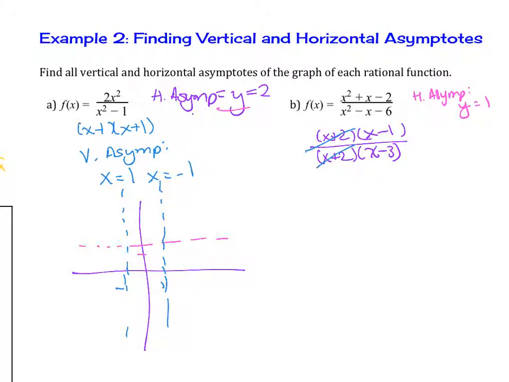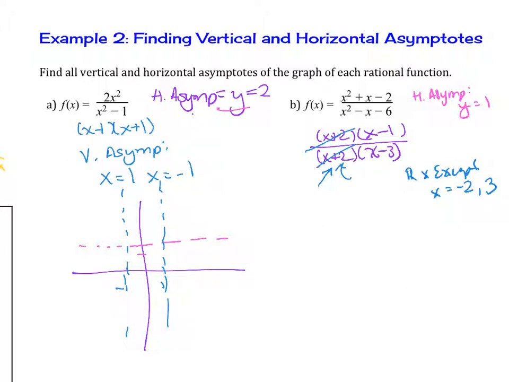In this case, this is actually not a vertical asymptote, but it is a restriction. So remember that it's all real numbers x except x cannot equal negative 2 and x cannot equal 3. What happens at x equals negative 2 is actually a hole.